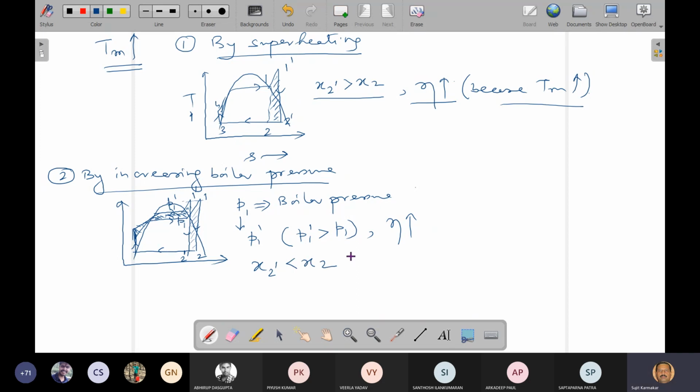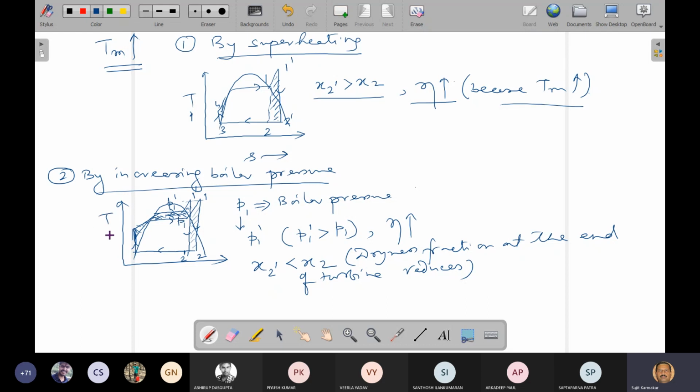So that means the dryness fraction at the end of the turbine reduces. That is one of the problems we can find.